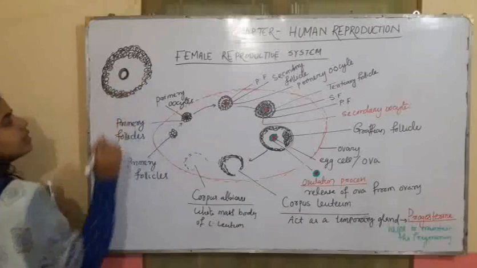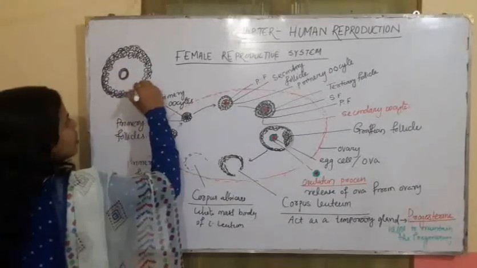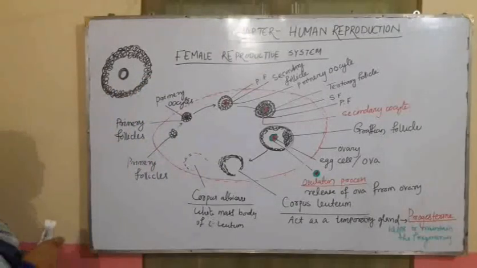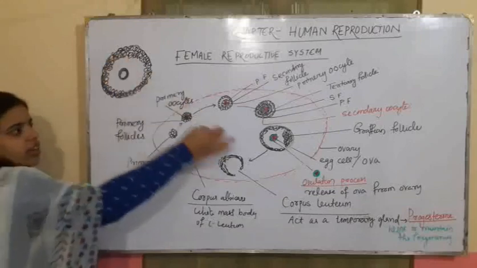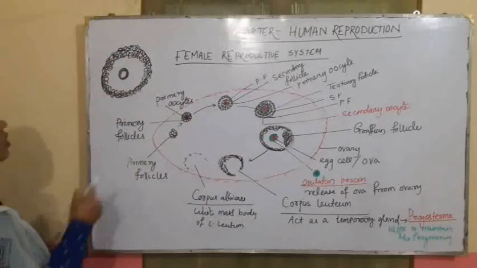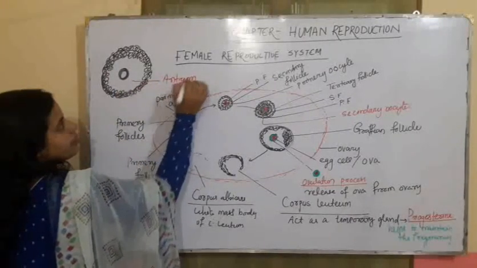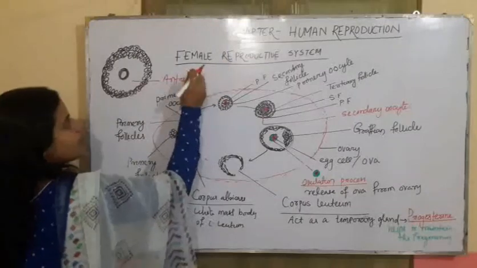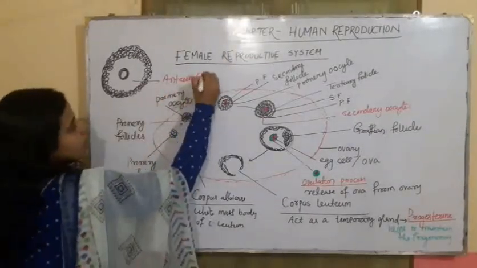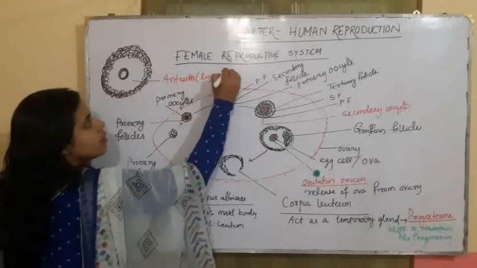So in this phase, one of the things you have to remember is the space which is there; in this space a liquid is present, that is called what? Antrum. Okay, antrum, and it is also called the liquid follicle.